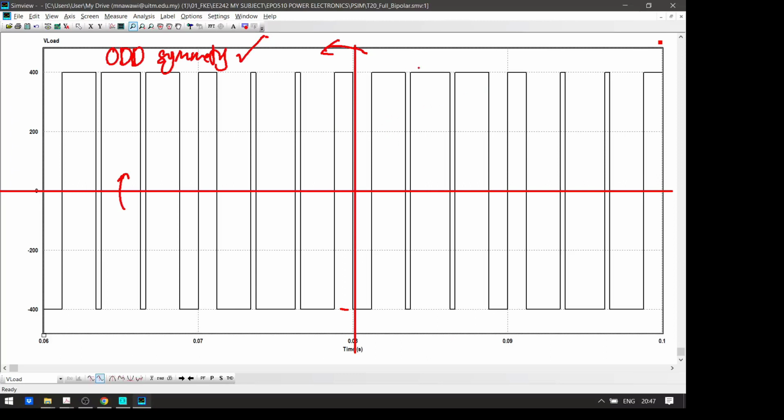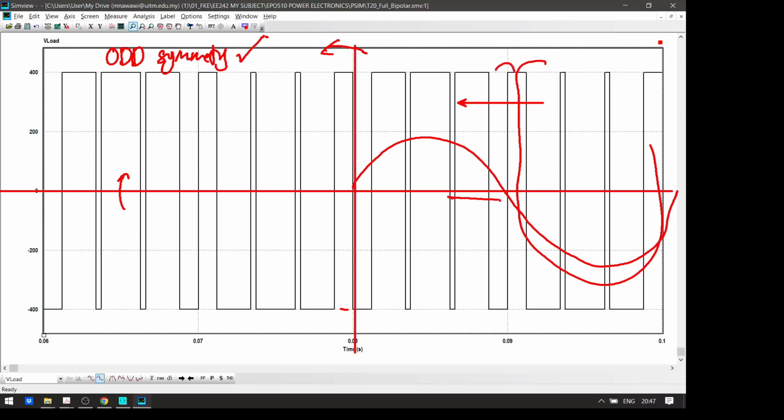So this is one signal, isn't it? One cycle. The procedure, the step, is to shift to the left half cycle. So you need to shift this to the left half cycle, so we move to here. I hope you can imagine, right?